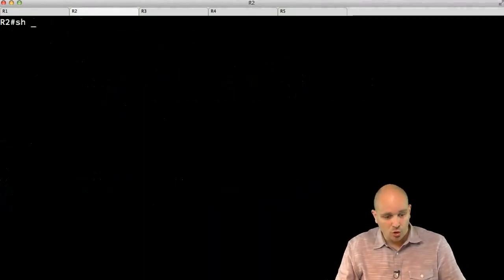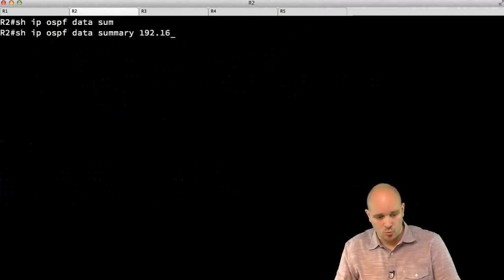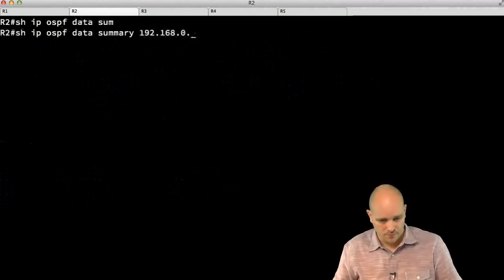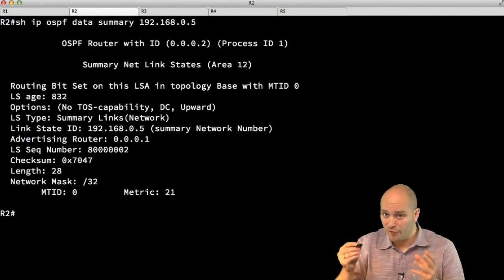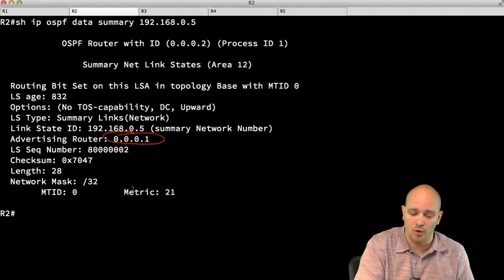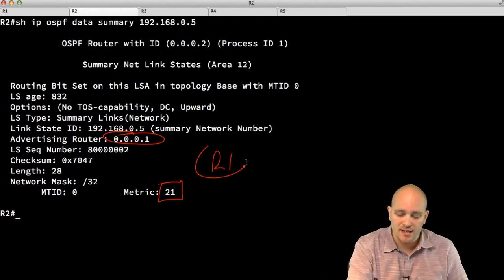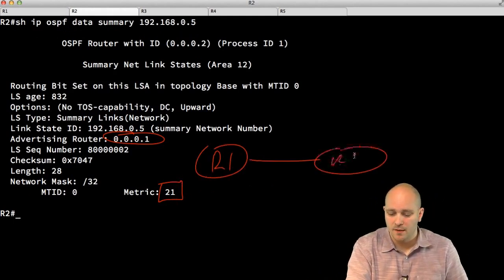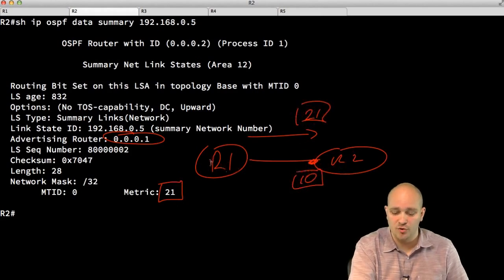So if I go here and say show IP OSPF database summary 192.168.0.5, this is what I will be seeing. First thing that I can observe is that this is indeed the LSA generated by R1, and here it is the cost 21. So R1 is telling us that its cost to reach this prefix is 21, and R2 is looking at its own cost here on this interface to reach R1.